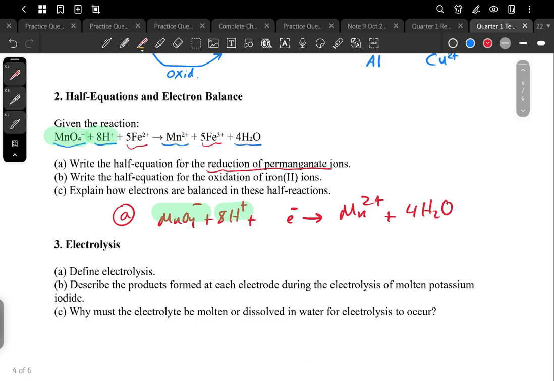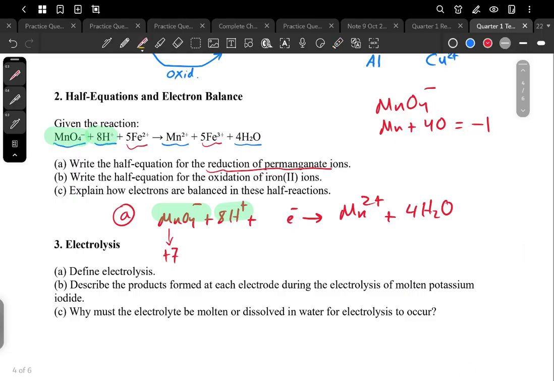It is positive 7. This is the oxidation number of manganese here. Why is it positive 7? Let's do it here at the top. If I want to get the manganese oxidation number, O4 negative. I will use the rules: the sum of all atoms in a polyatomic ion equals the charge, so the charge here is -1.